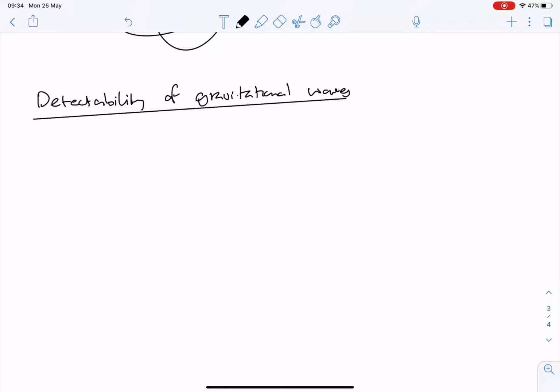We're going to have gravitational waves propagating along the z-axis, such that they're stretching and contracting along the x-axis. And we can imagine 2 points along that axis.